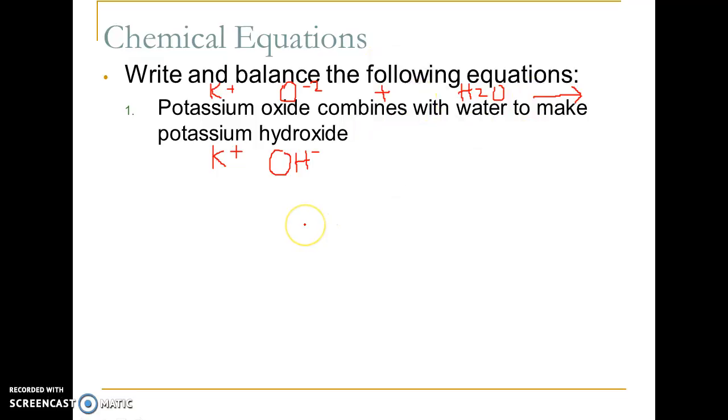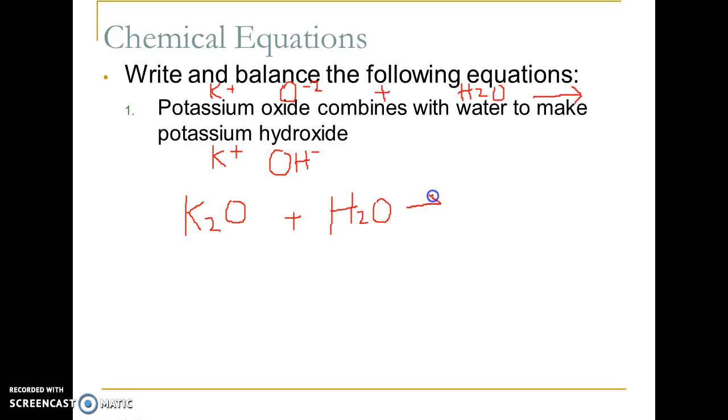Now it's actually time to write out this chemical equation. So I'm going to do potassium oxide first. The correct formula for potassium oxide is K2O. Combines with is our plus. And we have water, H2O.